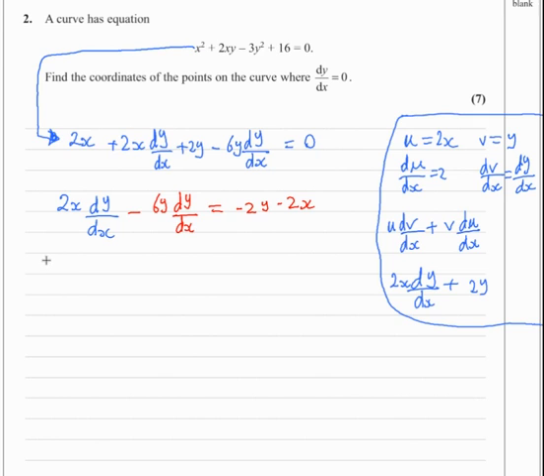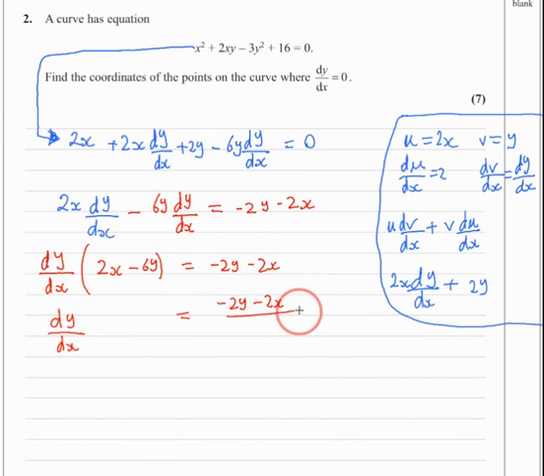Then if I factorize out dy dx, I get dy dx, open bracket, 2x minus 6y, and that is equal to minus 2y minus 2x. Then I get that dy dx is equal to minus 2y minus 2x all over 2x minus 6y.